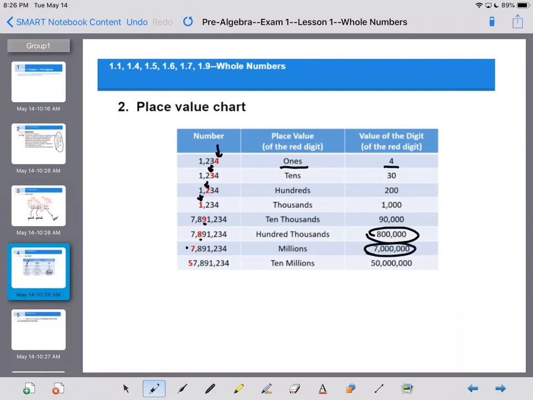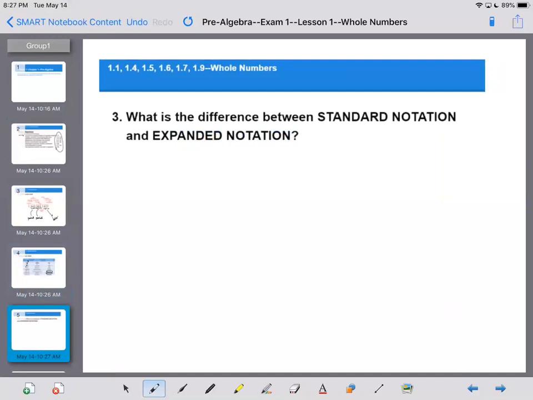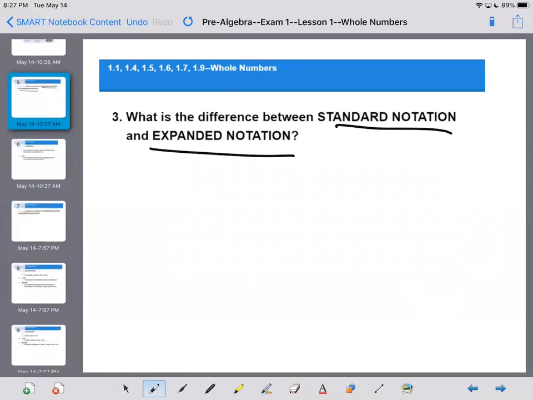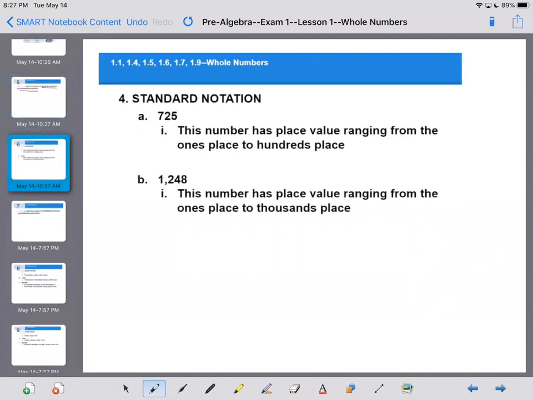All right. Thinking about that, we start looking at standard notation versus expanded notation. With your standard notation, it's as if you see a number written as is. So 15, that's a 10 and a 5. So we're thinking about just what is that number. So that number is 15.